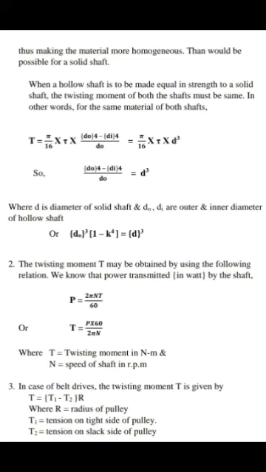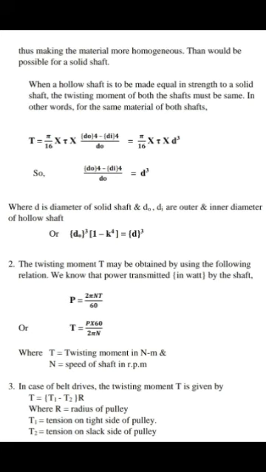Number 2, the twisting moment may be obtained by the following relation. We know that the power transmitted in watts by a shaft, P, is equal to 2 pi N T upon 60, and by rearranging we will have T equal to P into 60 upon 2 pi N. If the power to be transmitted by a shaft and the RPM with which the shaft rotates are given, we can find the twisting moment.